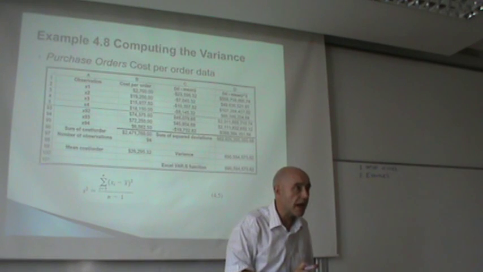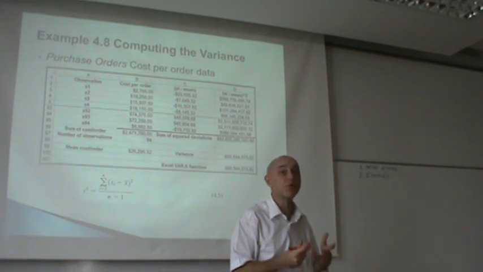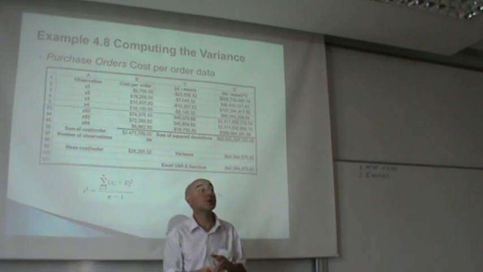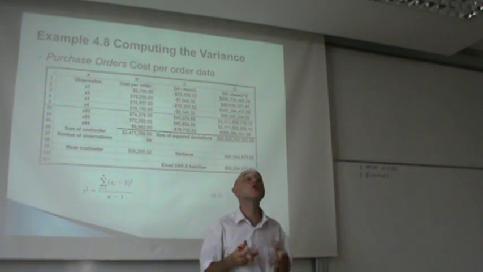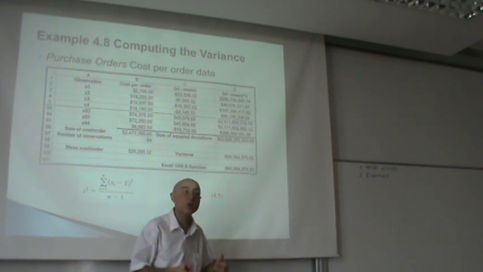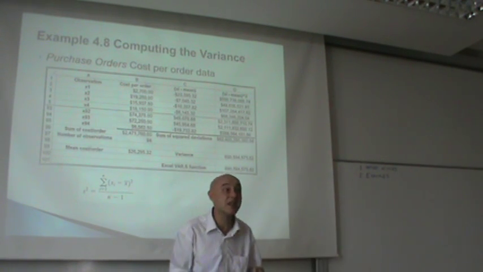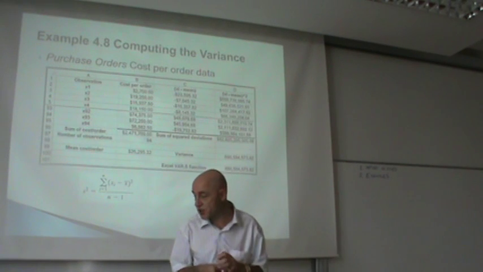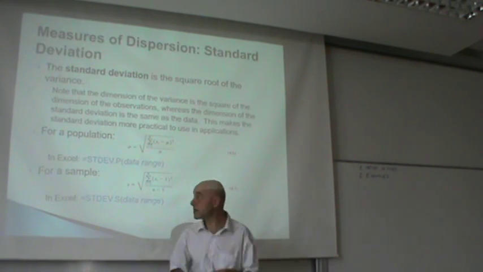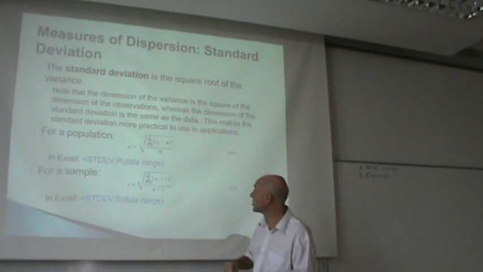We don't need to do that. There is a built-in function for how the variance is calculated. What is important to understand is how you use the variance. And you use the variance usually by calculating from it the standard deviation. So the variance is just an intermediate step to get the standard deviation.